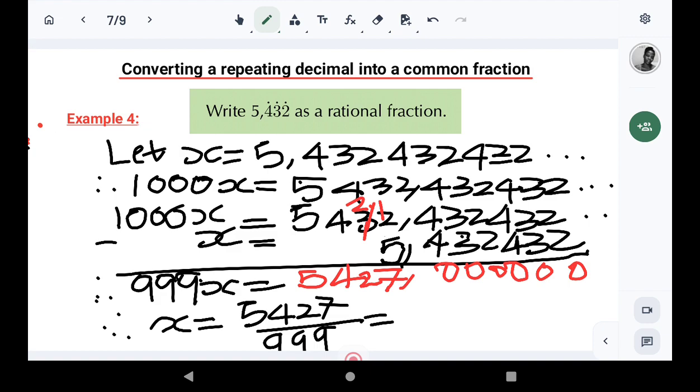To simplify this, divide both the numerator and the denominator by 27. 5427, we've got a calculator, divided by 27, that is equal to 201. 201 over 999 divided by 27, that is equal to 37.